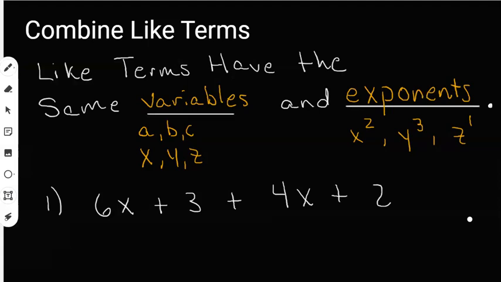Okay, go ahead and write down number 1. Just write down number 1, what I've got up there. 6x plus 3 plus 4x plus 2.